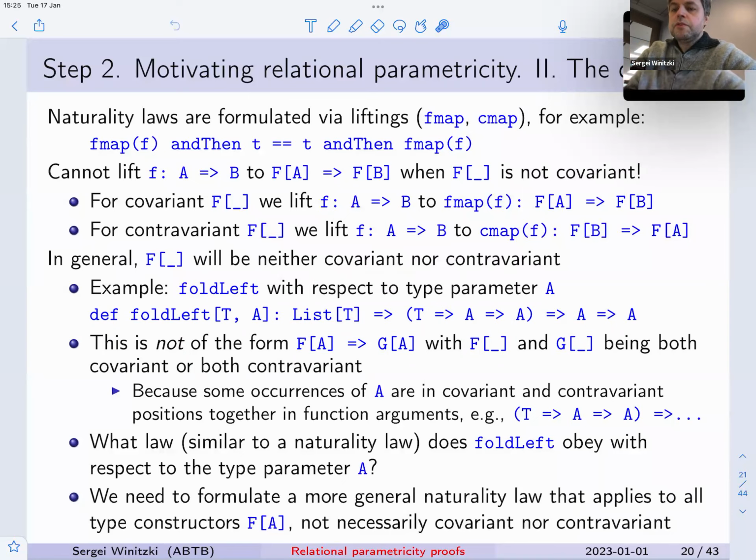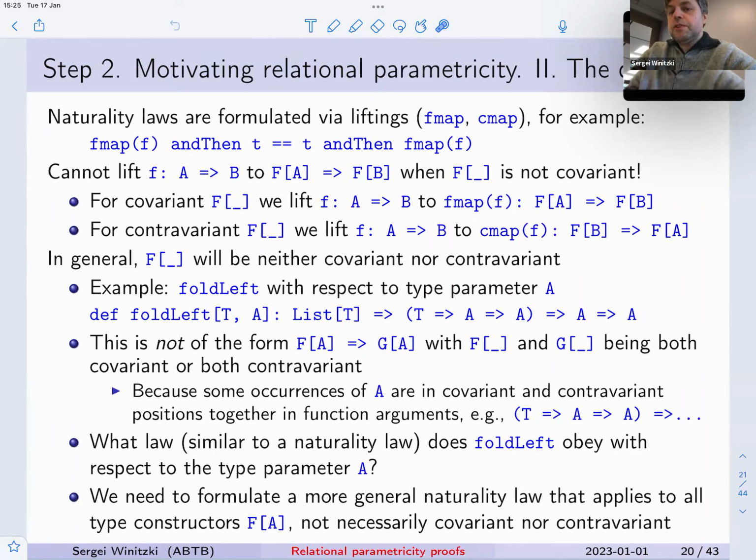This is not of this form where F and G could be any type constructors, both covariant or both contravariant. This type signature cannot be put in that form because the type parameter A occurs in covariant and contravariant positions at the same time in such a difficult way that you cannot really transform this in some equivalent way so that it becomes a natural transformation or a function of this type signature.